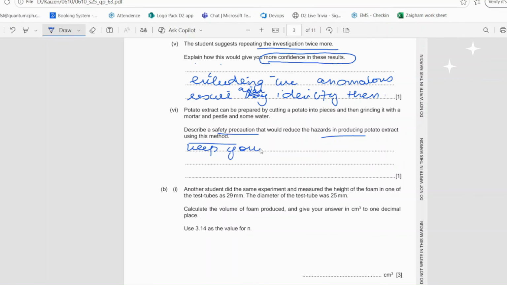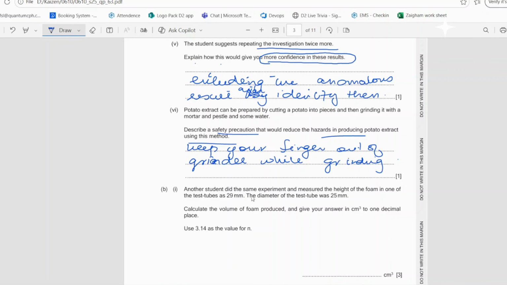If you're cutting, cut it on a hard surface or a stable surface, or cut it away from the body. That is also correct.